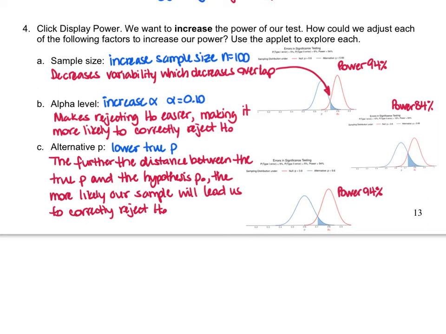So we used the applet to vary these different values, and what we found was that when we varied the sample size, increasing the sample size gave us a larger power, or a greater probability of correctly rejecting the null hypothesis.